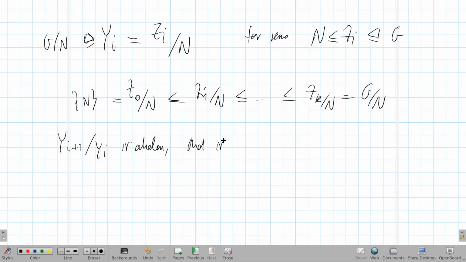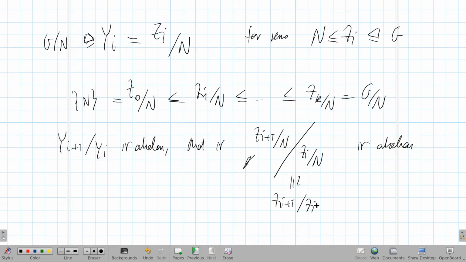That is, Yi is of this form, so this is Zi plus 1 over N over a big one, so we know which comes first, Zi over N, this is abelian. But the usual third isomorphism theorem tells you that this is isomorphic to Zi plus 1 over Zi.